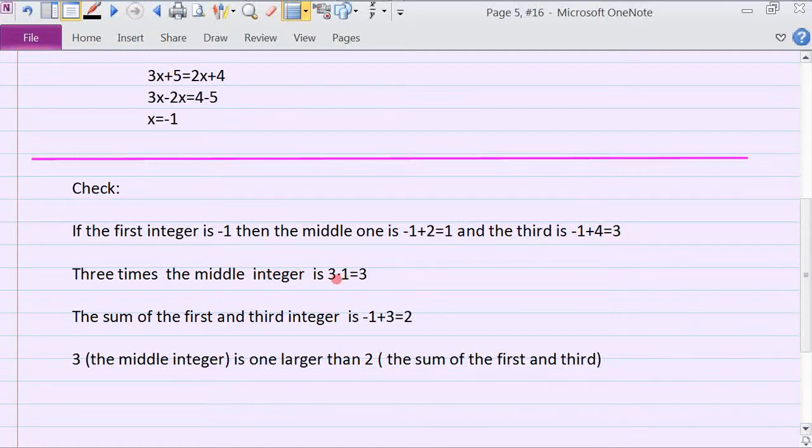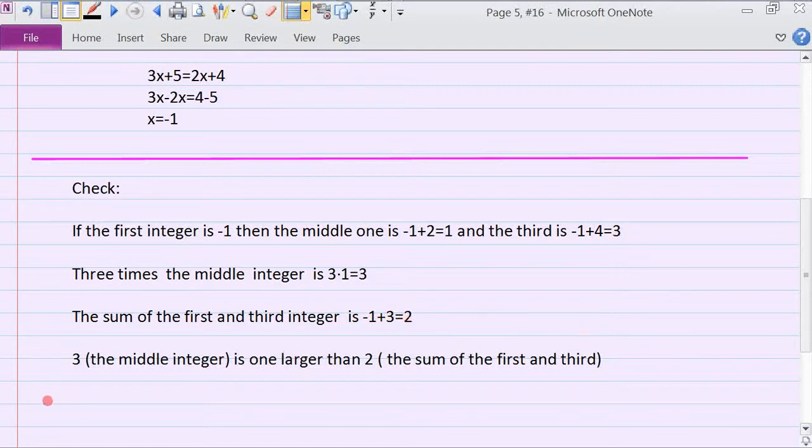3 times the middle integer is 3 times 1, which gives me 3. The sum of the first and third, well, the first is minus 1, and the third is 3 right here. If I sum those two, I get 2.